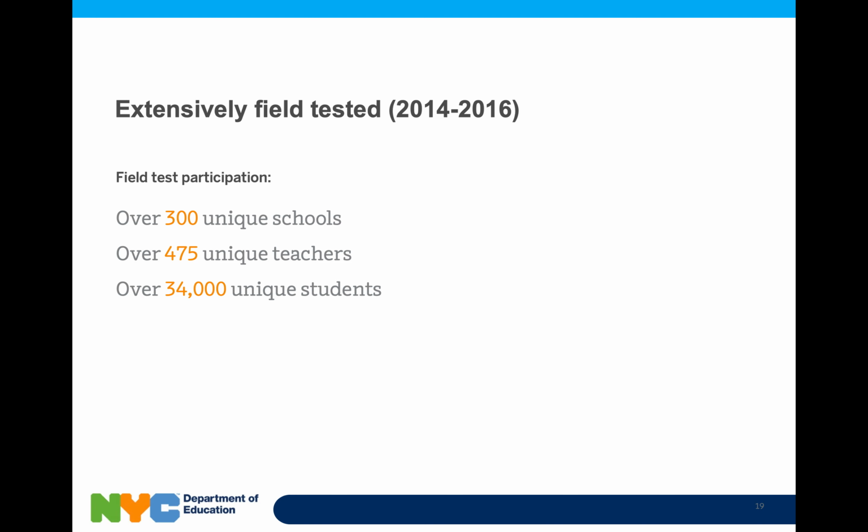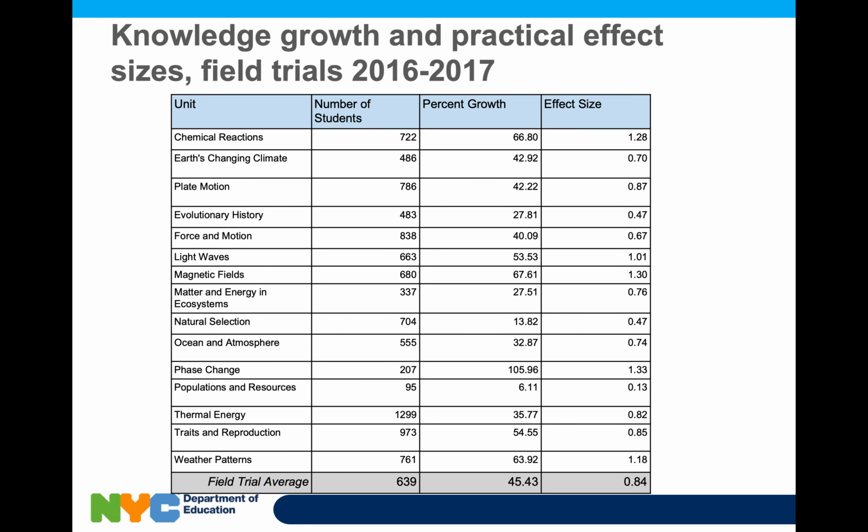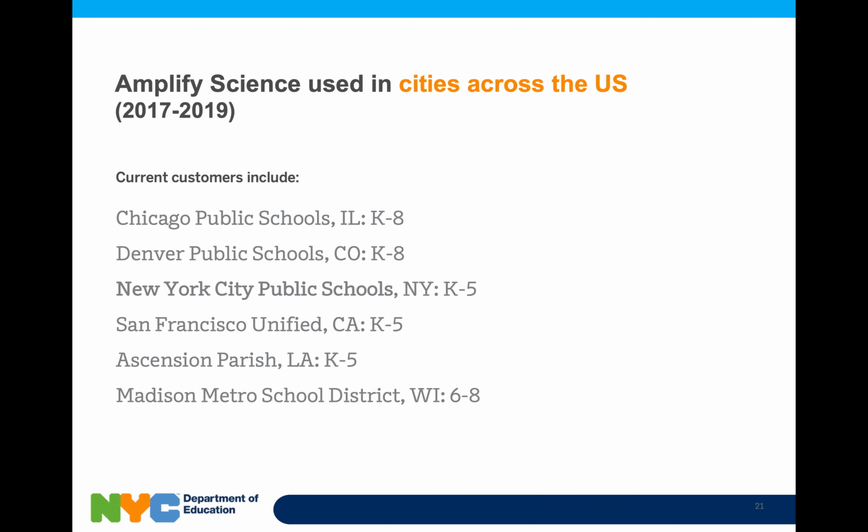We collected a ton of information, a ton of feedback, a ton of hard quantitative data during these field tests. We were then able to take all of that in and to rewrite the curriculum based on those field trials and on that data. So it was only that program, the rewritten program, that is Amplify Science, and that is what went out to customers.